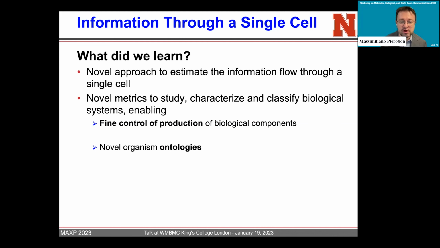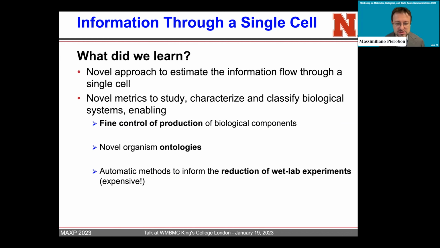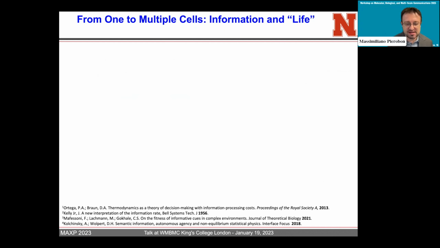We can develop novel organism ontologies. Imagine classifying cells on the basis of their information capability, and then also automatic methods to inform the reduction of wet lab experiments, which are usually very expensive, and novel strategies in the future for disease diagnosis and cure.